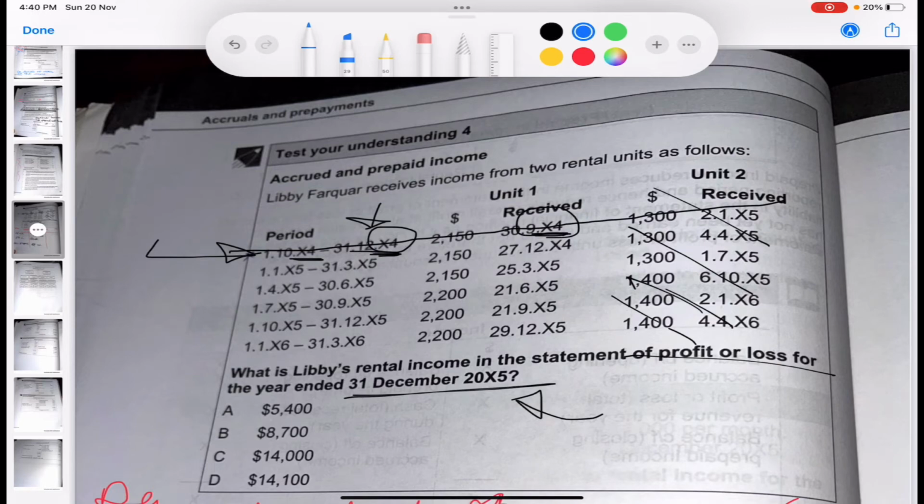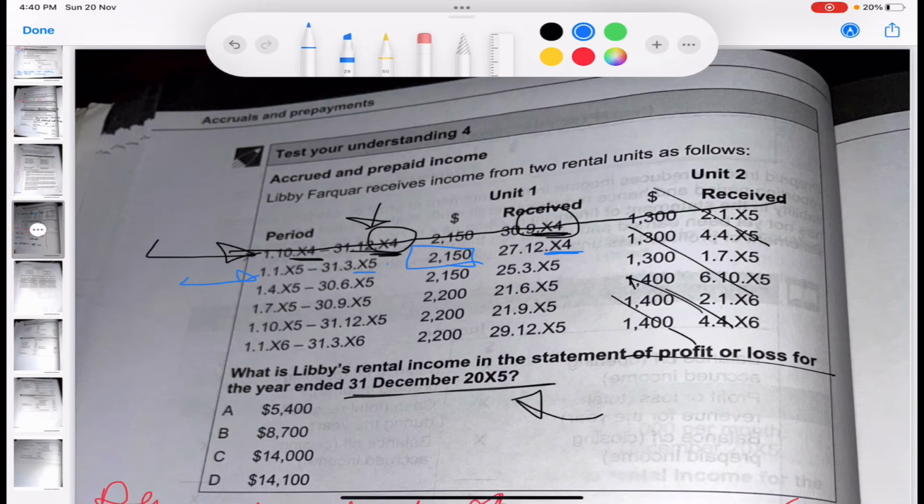For the period of 1/1/15 to 15, we received in 14 itself. So this 2150, which belongs to this year 2015, we have already received in the previous year, 2014. So this year we will not be receiving it because someone has already prepaid 2150. That is my prepaid income.